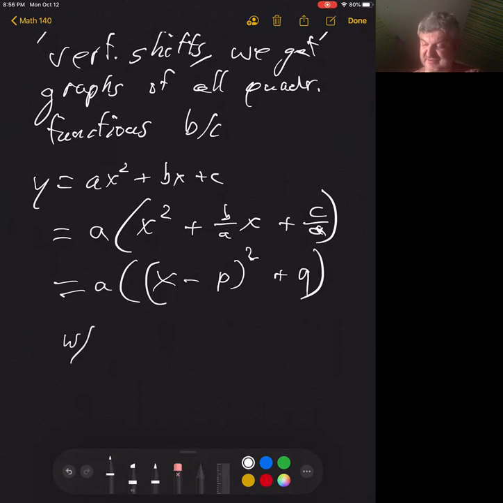I want to write down the p that we need to choose here. That would have to be the opposite of b over a divided by 2, half of b over a. I say times 1/2. So negative b over 2 times a.